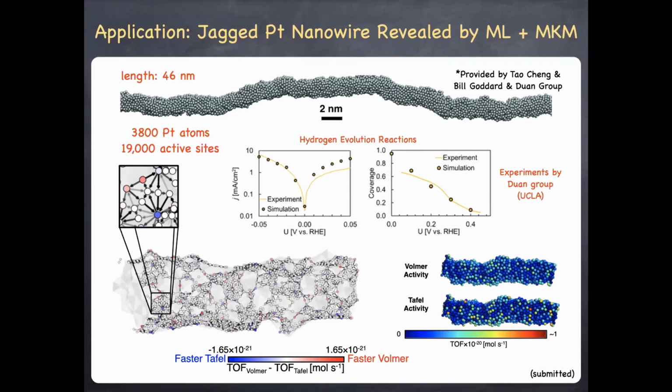But to understand the mechanism, one needs to evaluate the activity of every single site of this jagged nanowire, which has about 4,000 platinum atoms and 20,000 active sites. And so we needed a simple model that can estimate binding energies, and that was the motivation of this previous work.